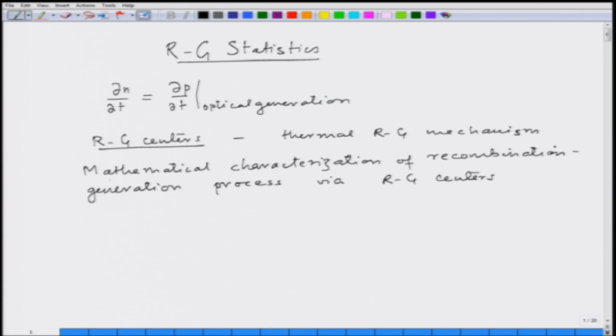We would like to get a handle on how to deal with them in mathematical terms.